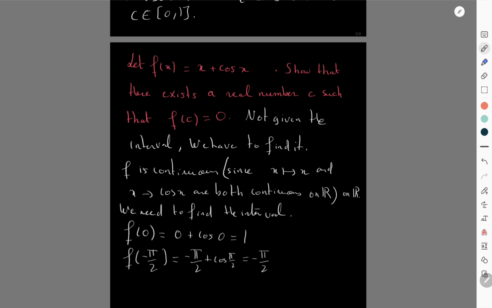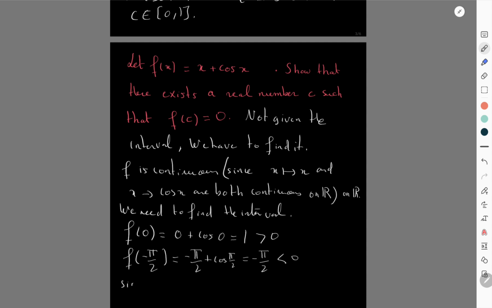Of course, also other numbers would work. I mean, if you take f of minus pi, for example, you get minus pi minus 1. That's another way to do it. But anyways, we have used this. So f of minus pi over 2 is negative, and f of 0 is positive.